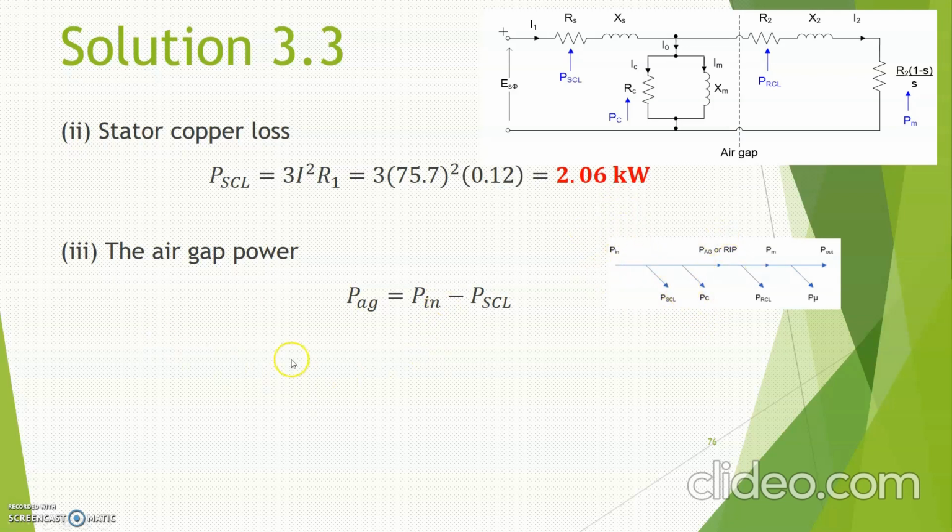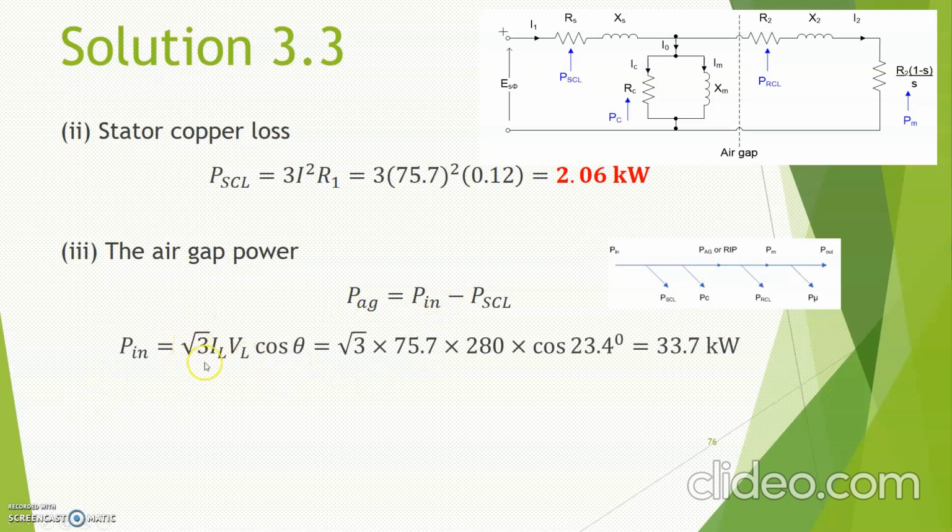The input power, the P in, is given by square root 3 multiplied with IL VL cos theta. So you just key in all the values accordingly. So you get the input power is equal to 33.7 kilowatt. So the P air gap now is 33.7K minus your PSCL, which is 2.06 kilowatt. So you get the P air gap is 31.6 kilowatt.